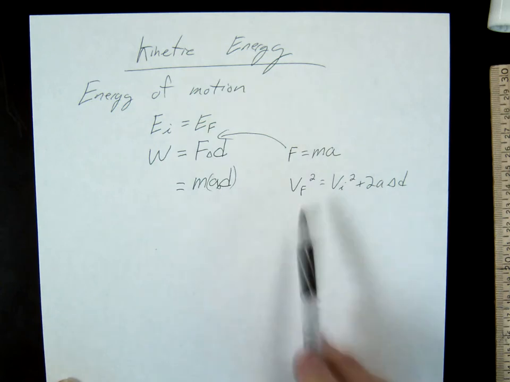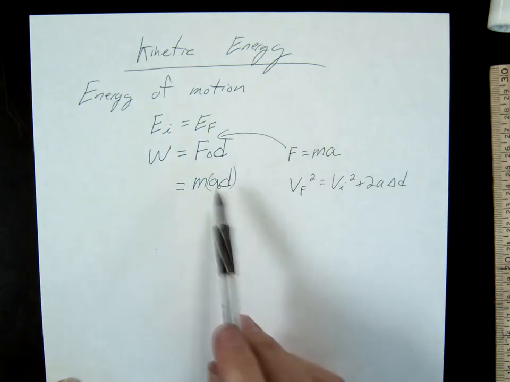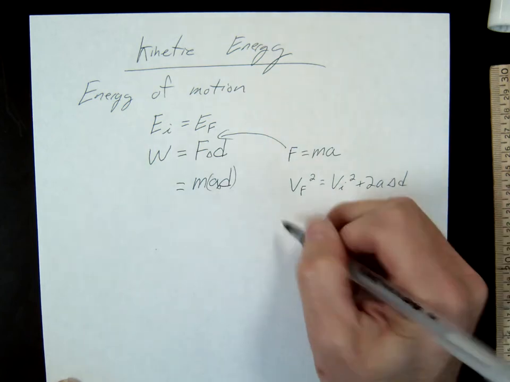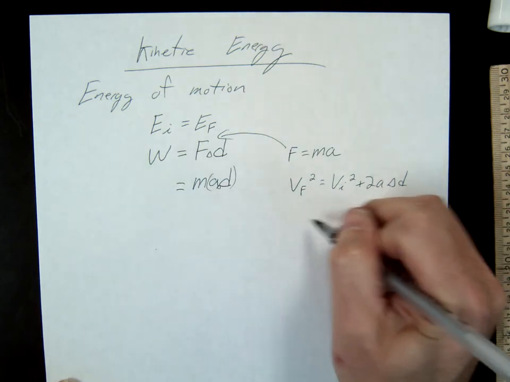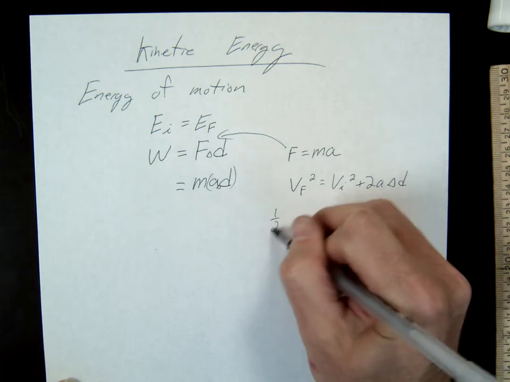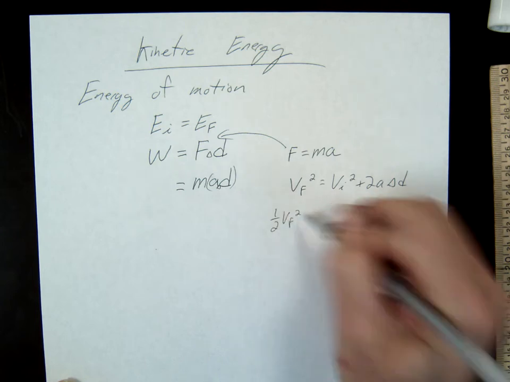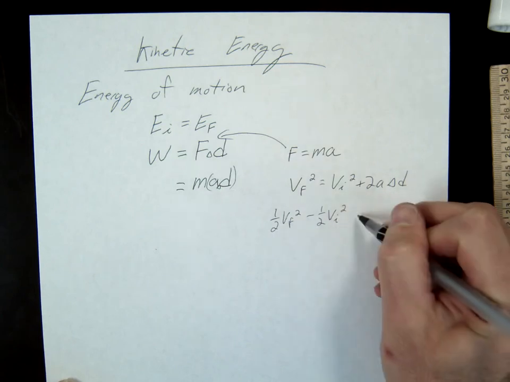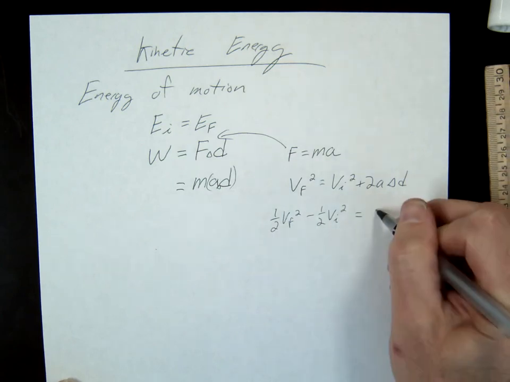Alright, let's rearrange this so that we have our AD together. So this would be like Vf squared minus Vi squared. I'm going to write it like this: 1/2 Vf squared minus 1/2 Vi squared equals AD.